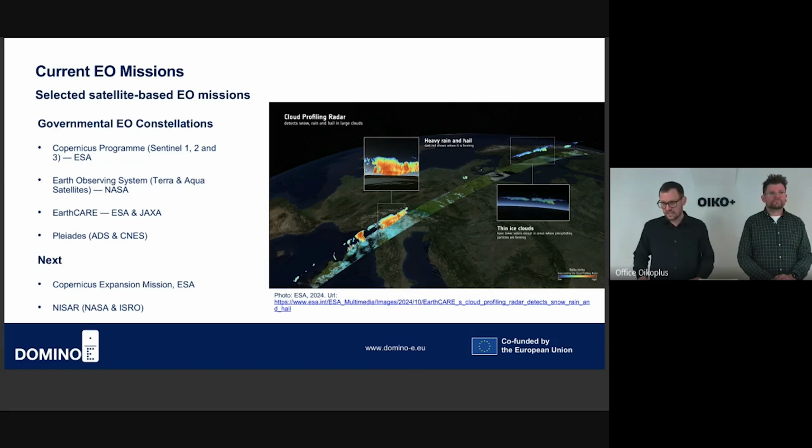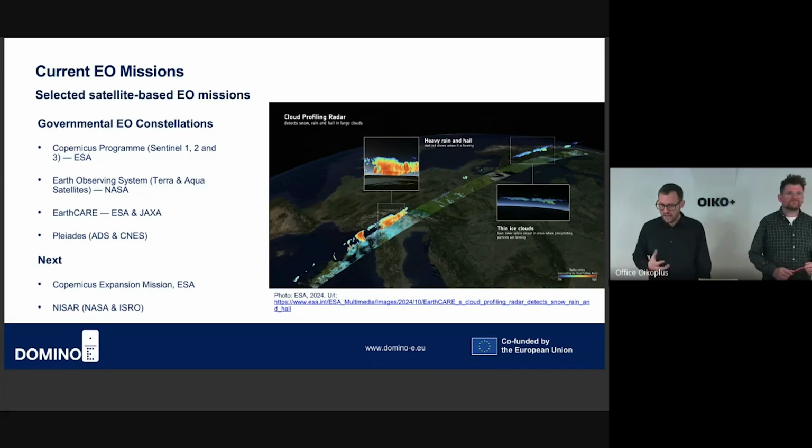And then there is the first Pleiades constellation, the collaboration between ADS and CNES, which represents a pioneering institutional commercial partnership in Earth observation, and offered a 50 centimeter optical resolution and reliable revisit rates. We are not standing at the end. I think that's also important to mention.